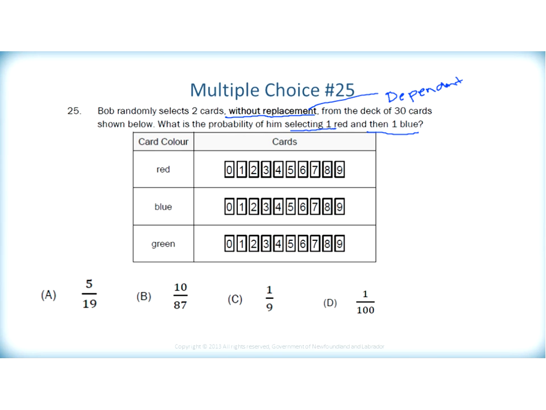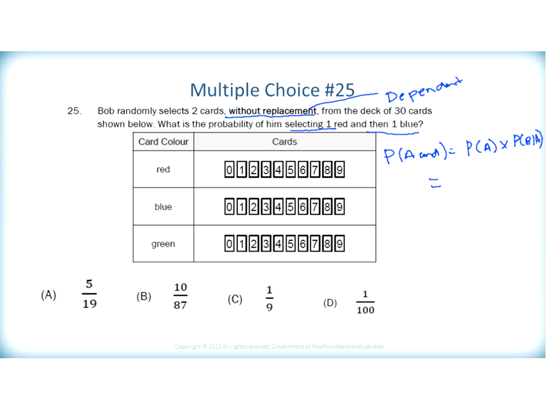So the probability of two dependent events happening is equal to the probability of A times the probability of B given A has already happened. That's conditional probability.